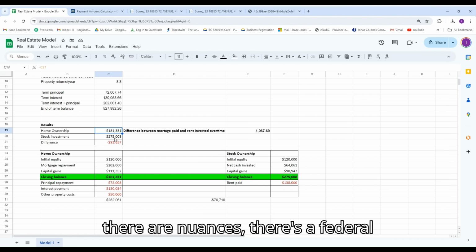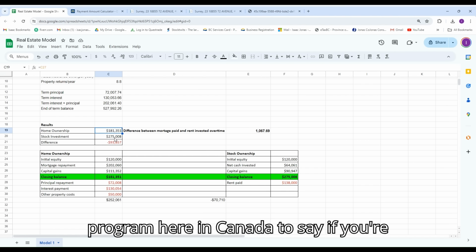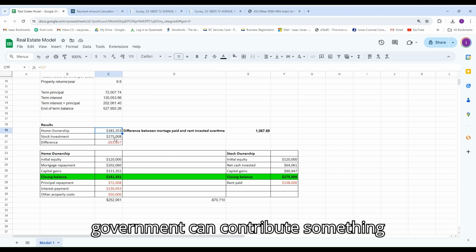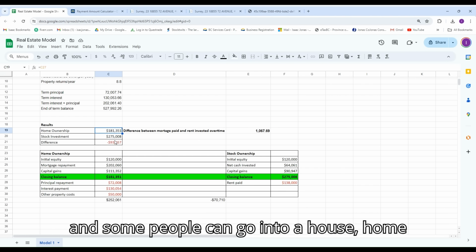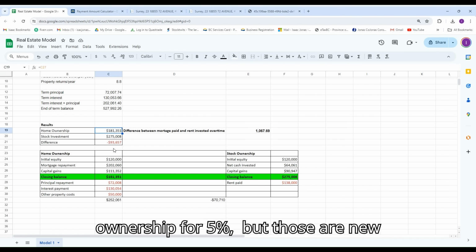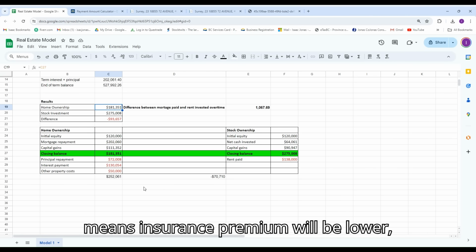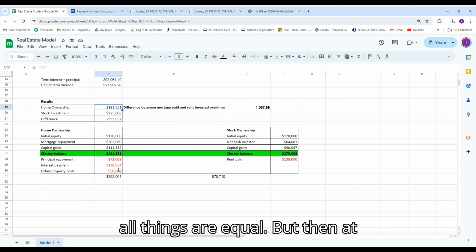But of course, there are nuances. There's a federal program here in Canada where, if you're buying your first home, the government can contribute something, and some people can go into home ownership with 5% down, but those are nuances. For this particular case, I'm assuming a 20% down payment. That means the insurance premium will be lower, all things equal.